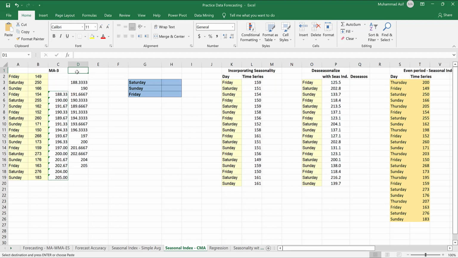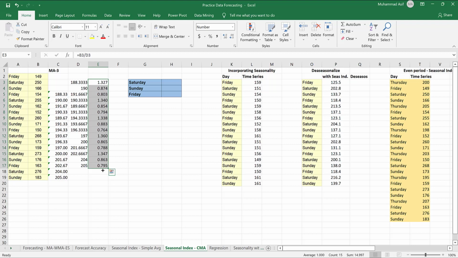That's the second step. The first step is calculating the moving average, and the second step is centering the moving average. In the next step, we take a ratio, or divide the time series by this centered moving average. So that's what we get. And in the last step, we take the average of similar seasons.